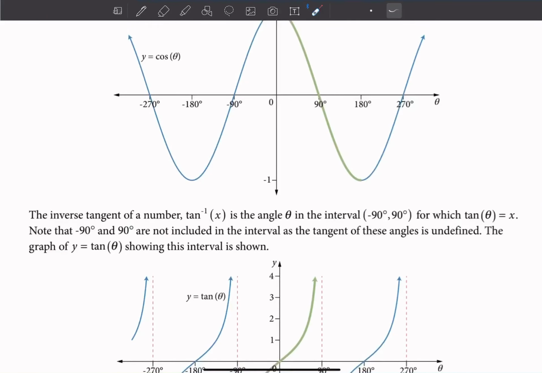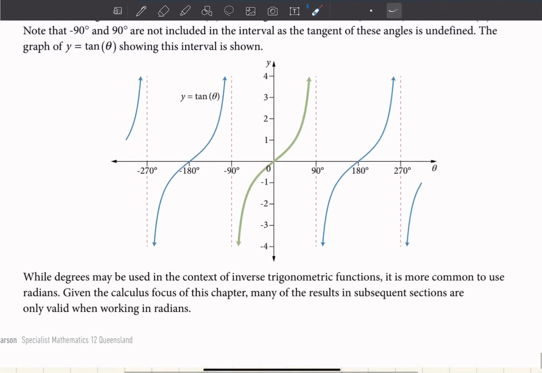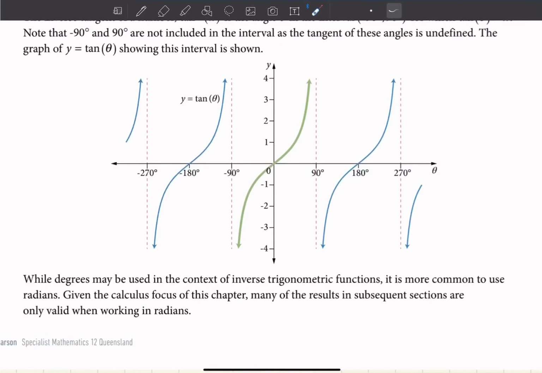Okay, now let's look at the tan function. Instead of reading it, let's just have a look at it. This immediately looks like a function. Why? Because again, for any associated y value, there is only one x value. So at y equals 1, there is only one x value, maybe 45 degrees here. So this green section is enough.